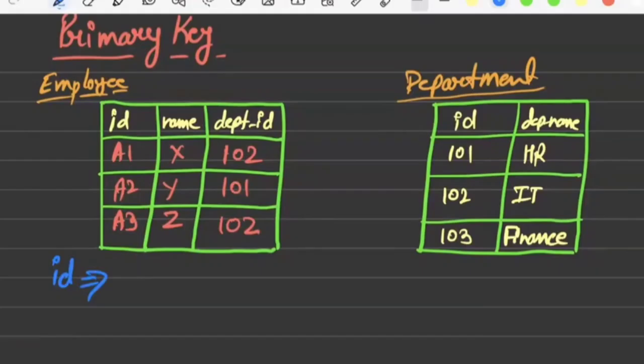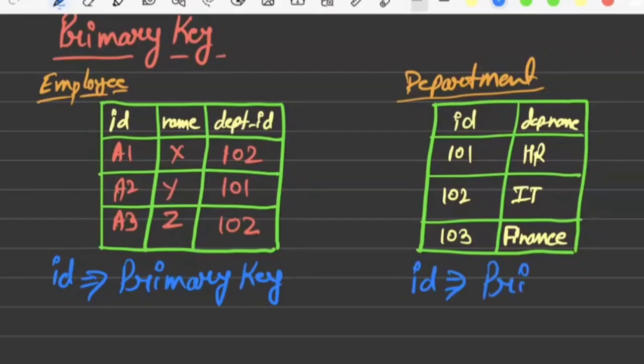is the primary key. Right? And in this table, again, the ID is the primary key. But in these two tables, both of the ID columns have a different meaning.